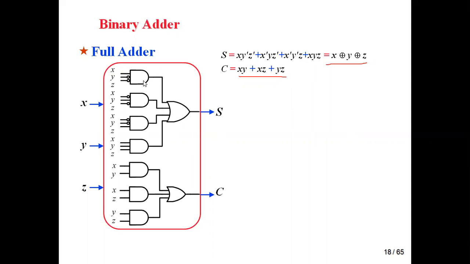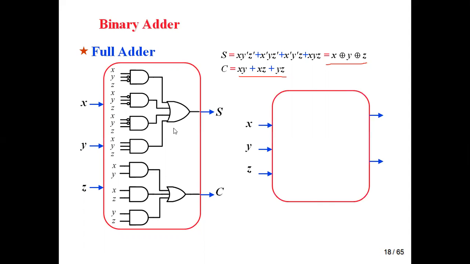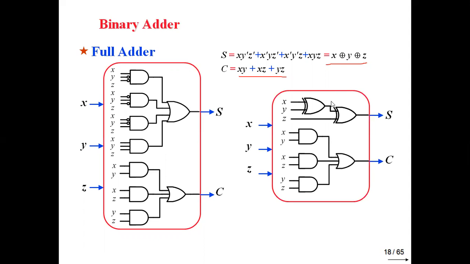X, Y, Z, where the bubble indicates a bar: Y bar, Z bar. Since all are multiplications, there are 4 multiplication gates, 3-input AND gates. All the results are added, and that is called the sum. Similarly for carry, 3 logical multiplications are added with one OR gate, and it produces the output carry. The same thing can be replaced similar to the previous one like this.